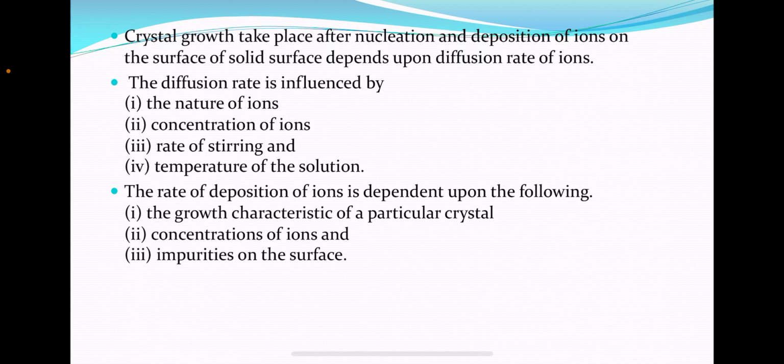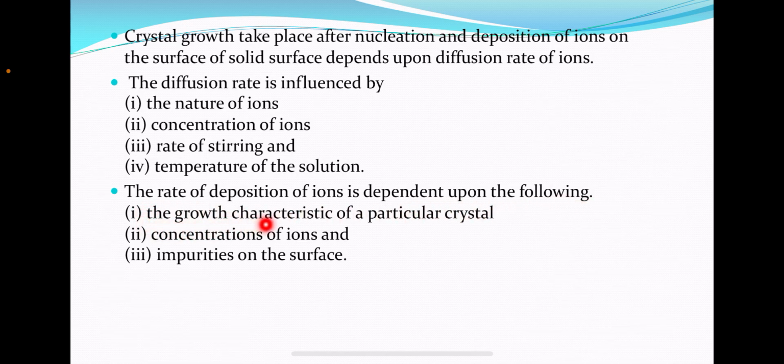That means it may get converted into a liquid state, or it may become soluble in the solvent we are using for the precipitation purpose. So these are the 4 different points which influence the diffusion rate.